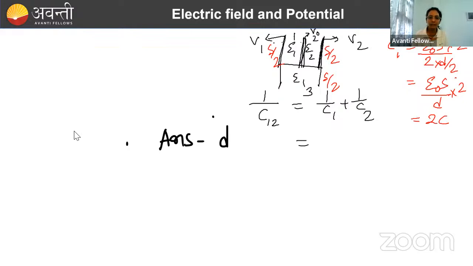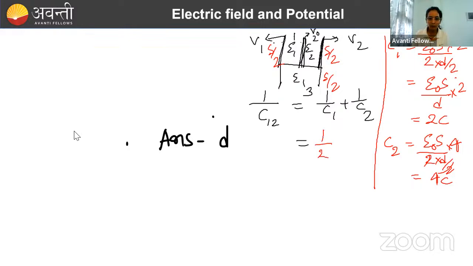Now let's calculate C2. C2 will be equal to epsilon naught S by 2 into D by 2 into 4. So this is equal to 4C. So this is 1 by 2C plus 1 by 4C.